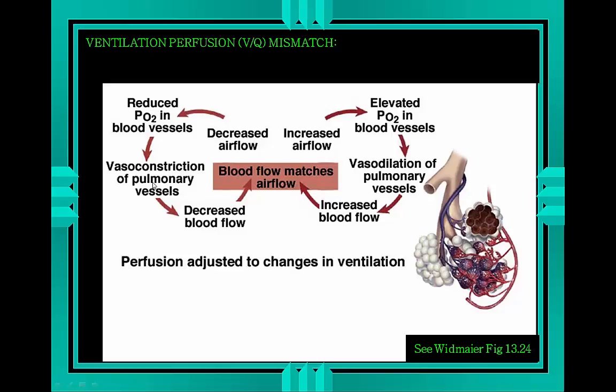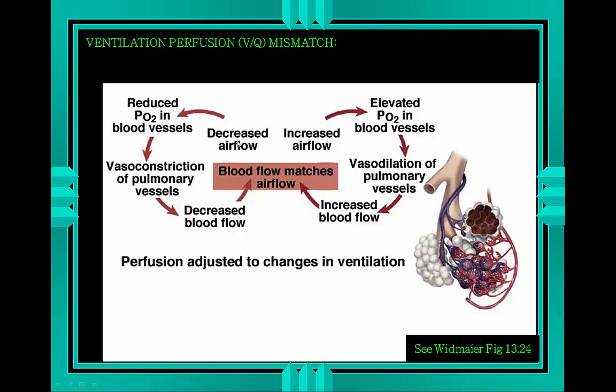The body responds by constricting the pulmonary vessels or the capillaries that are supplying those damaged alveoli, which means that we get decreased blood flow. So we again match the ventilation and perfusion.